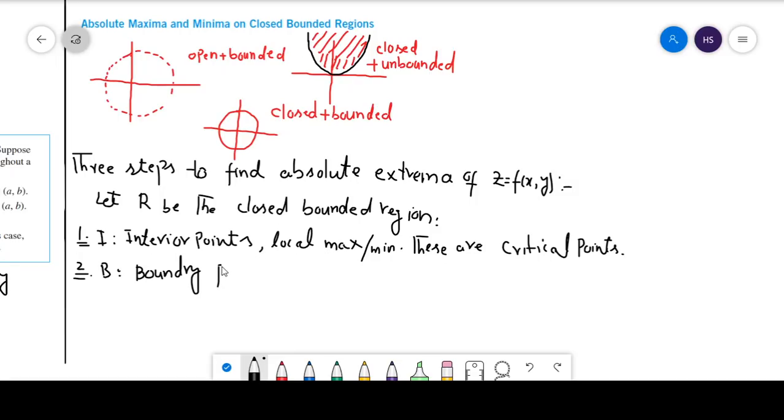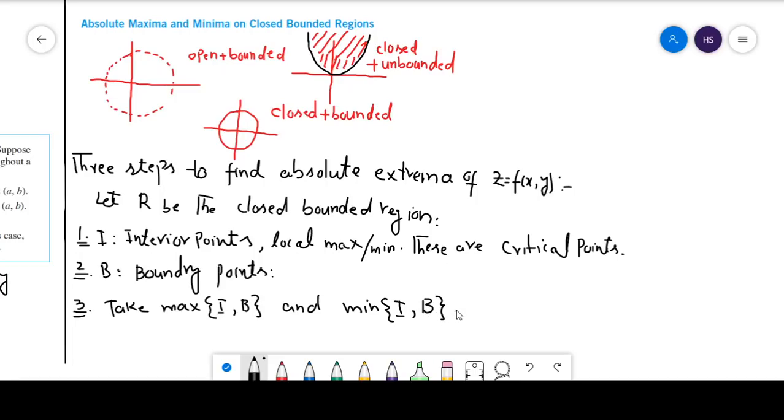So boundary points, and then take the maximum and minimum.